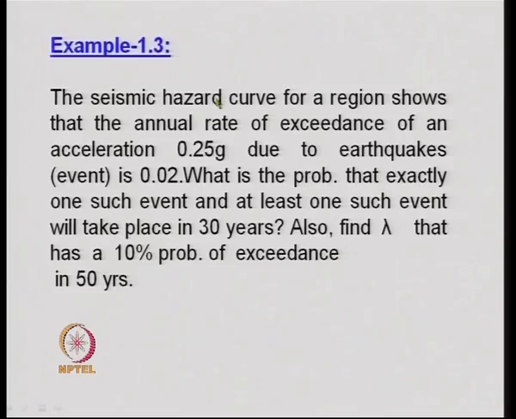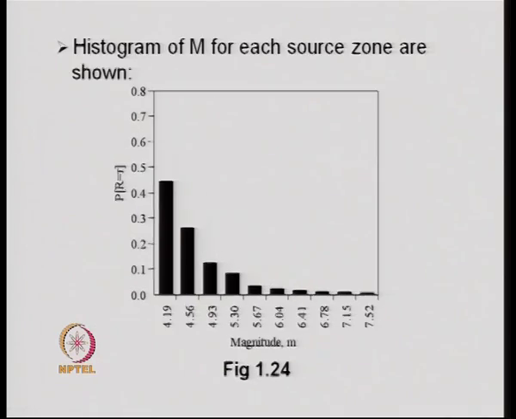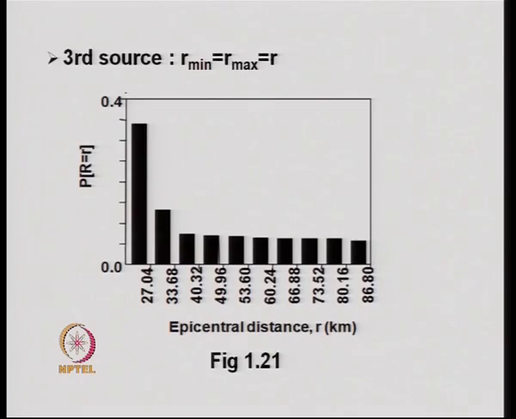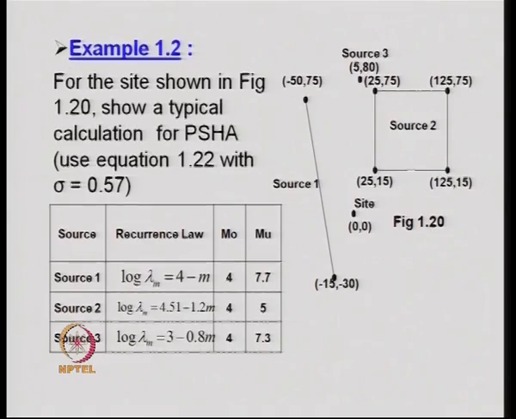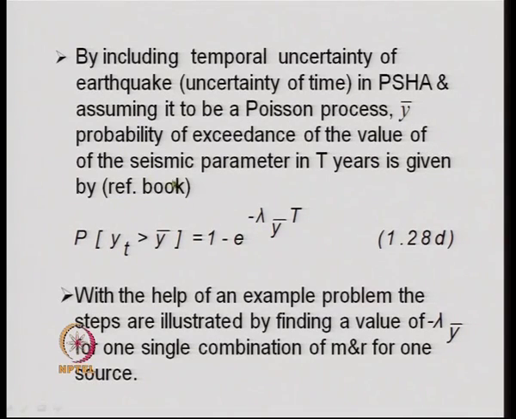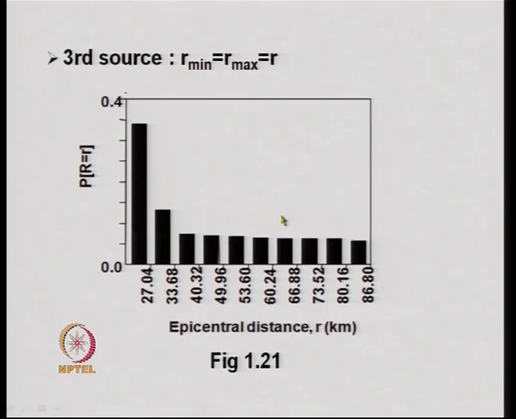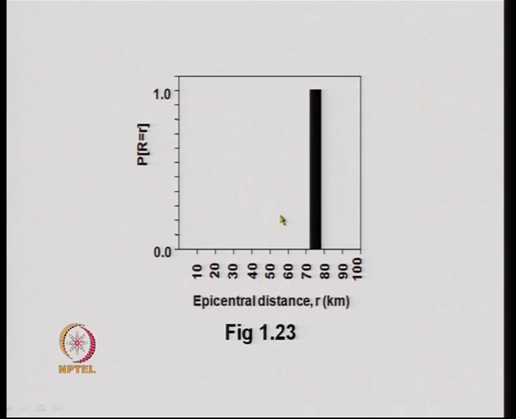This equation gives the probability of exceedance of a peak ground acceleration level of y bar, where lambda is lambda y bar, the value that we calculated and that is shown in the form of the seismic hazard curve.